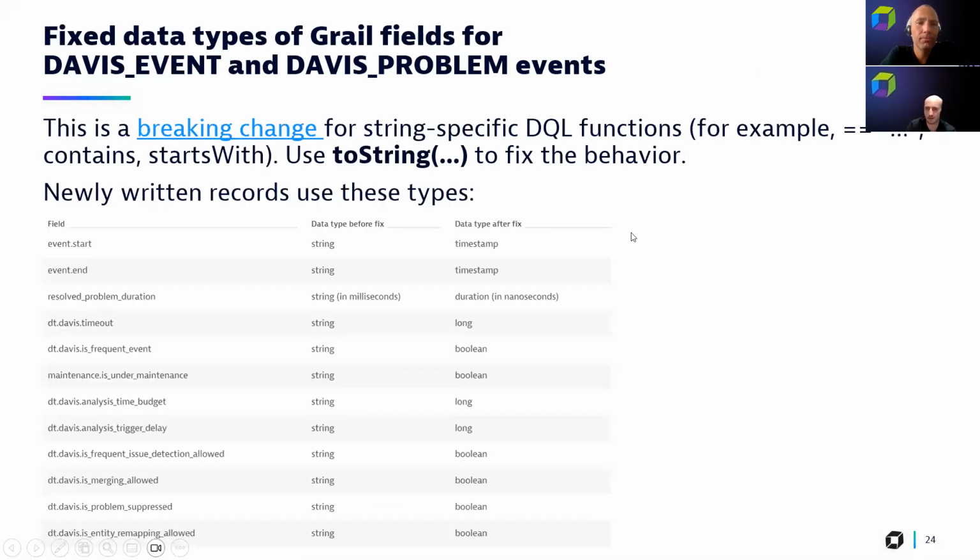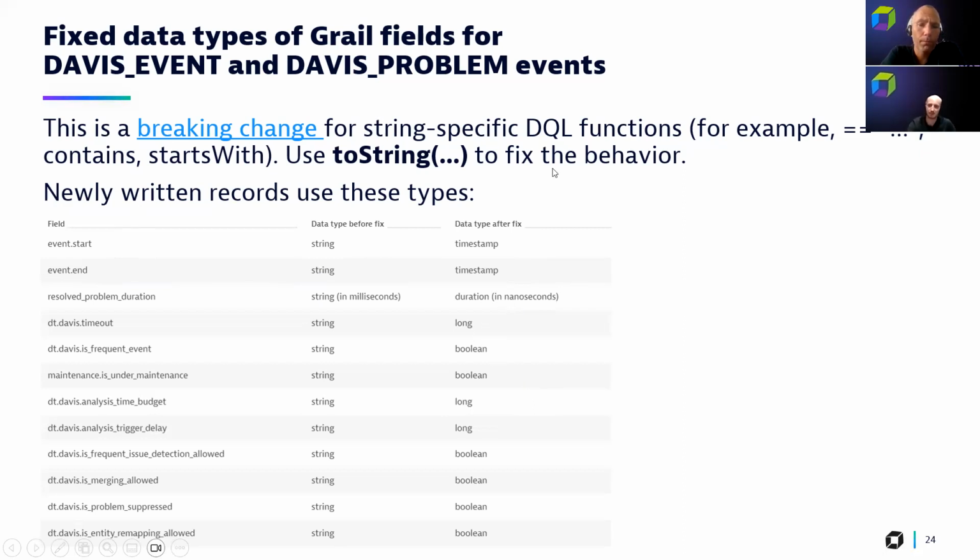The first change actually is a breaking change we have for string-specific DQL functions. Now we have new data types, as you see here. For example, the event start and event end are not string data type now. These are timestamps, and you can see that all the data types change with this update.